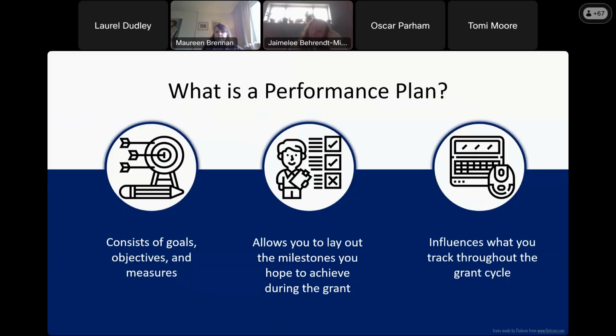So what is a performance plan? It consists of your goals, objectives, and measures. And when we think about your goals, objectives, and measures, we really want these things to be realistic and we want these things to be measurable. So you can think about what services you are providing and what impacts those services can have.